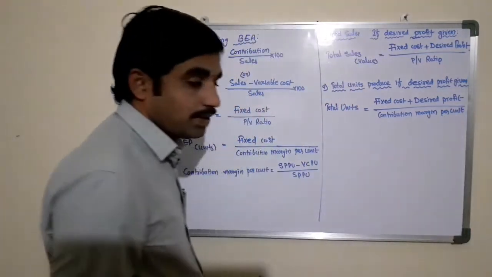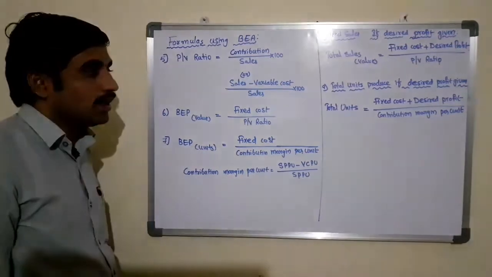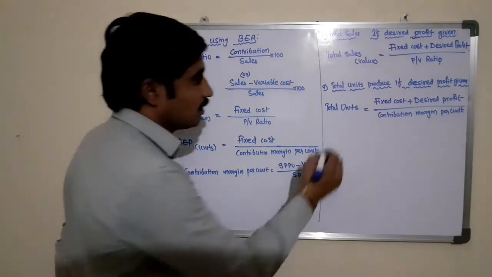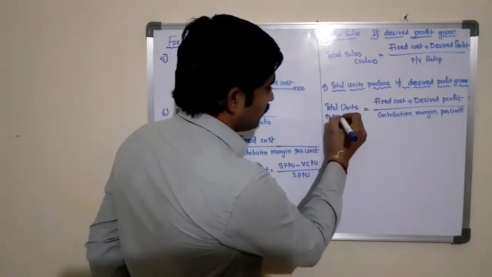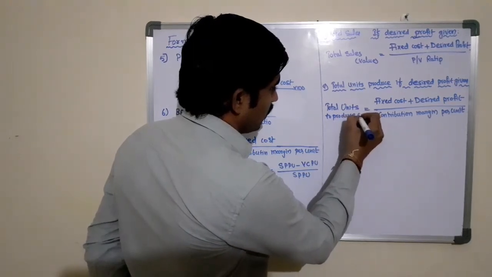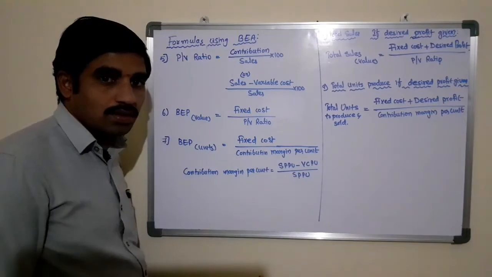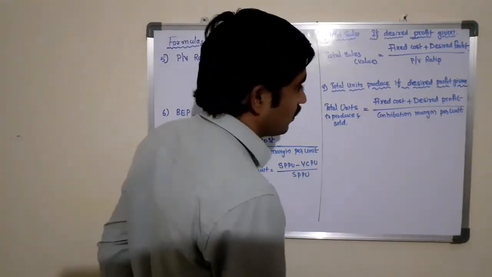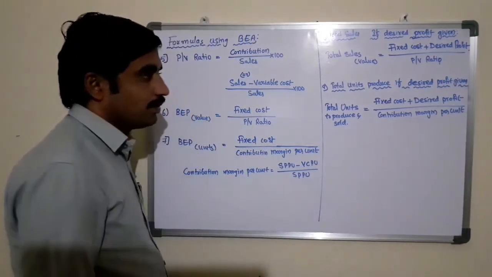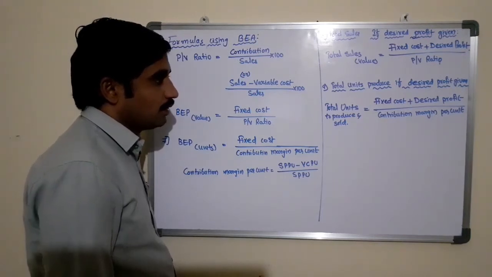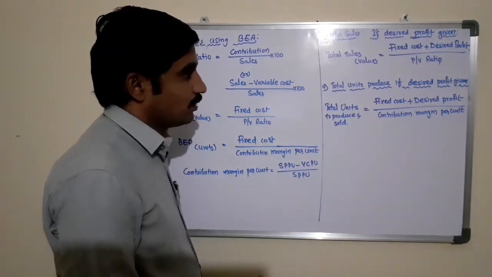Contribution margin per unit is the formula for calculation of total units to produce and sold in terms of units. Fixed cost plus desired profit by contribution margin per unit is the formula for calculation of total units to produce.